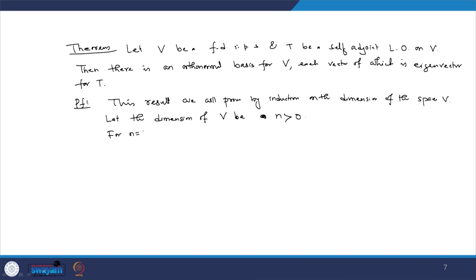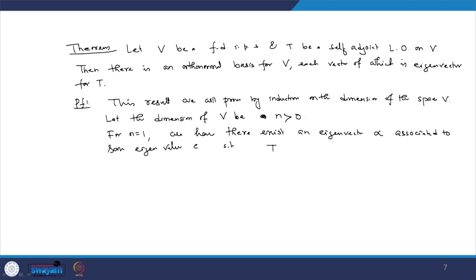For n equal to 1, according to our previous results, there exists an eigenvector alpha associated to some eigenvalue C such that T of alpha equals C alpha.